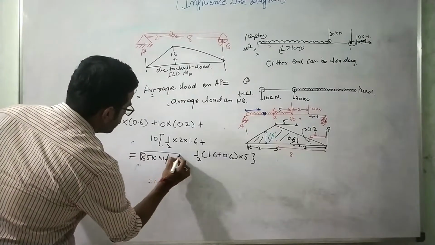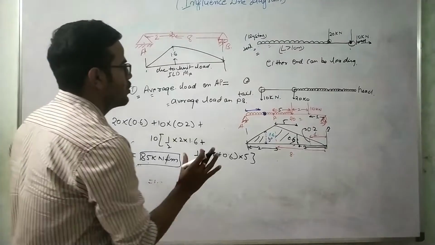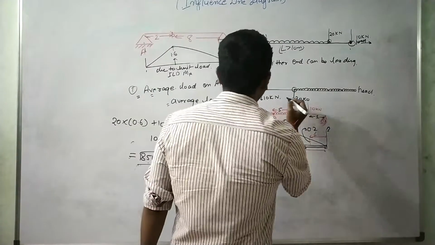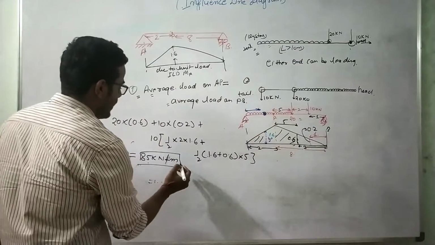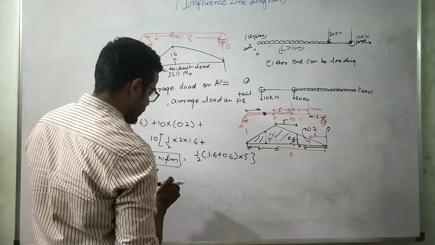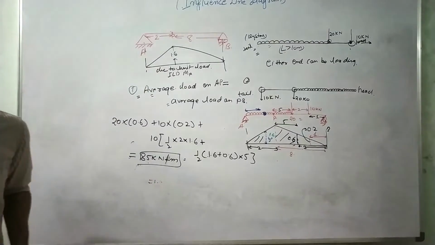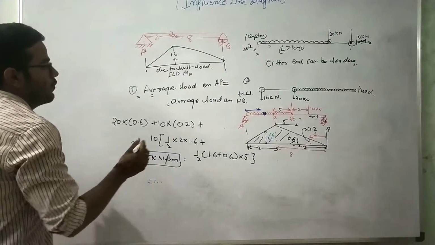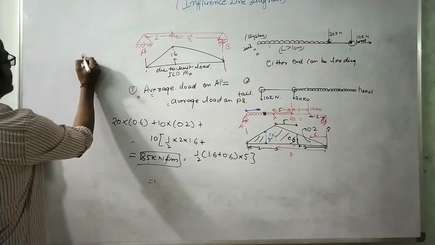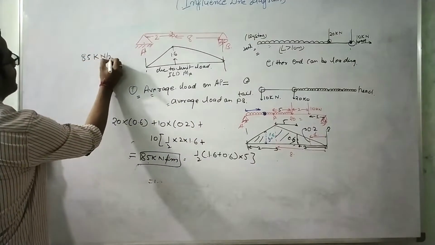For this combination of load, we can say that the maximum moment generated at the point P will be equal to 85 kilonewton meter. So for this load system, the maximum value of the moment generated will be 85 kilonewton meter.